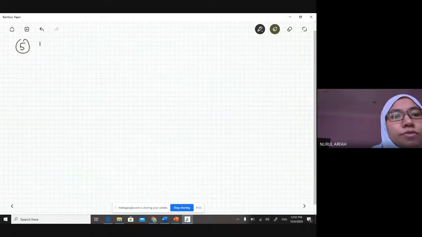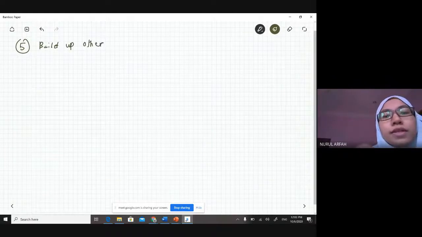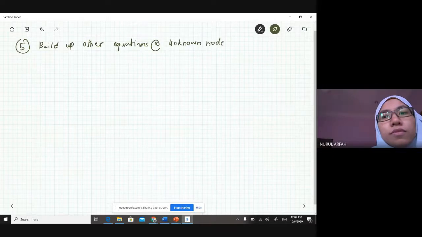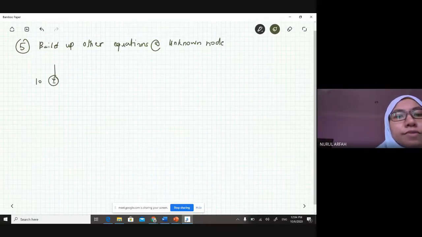What should you do? Build up other equations at the unknown nodes.